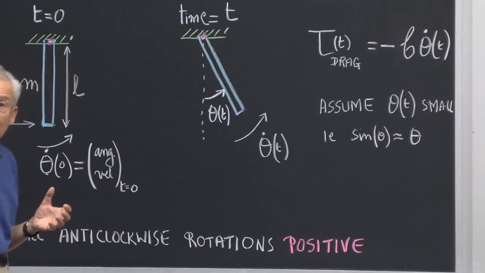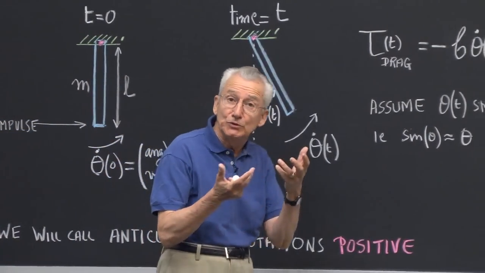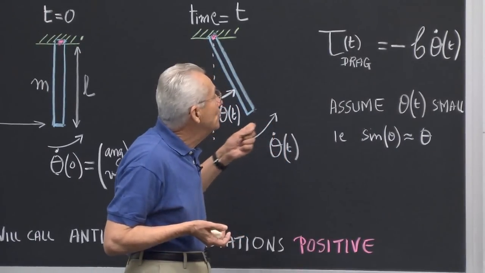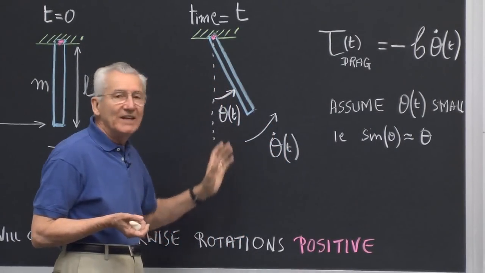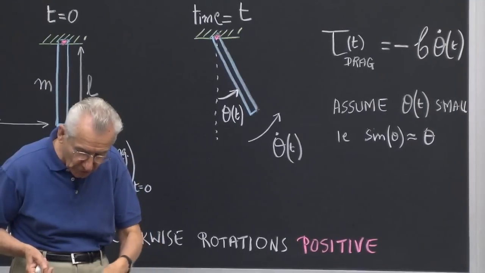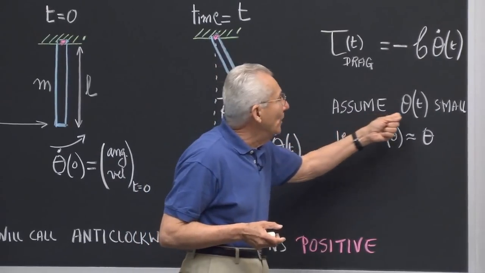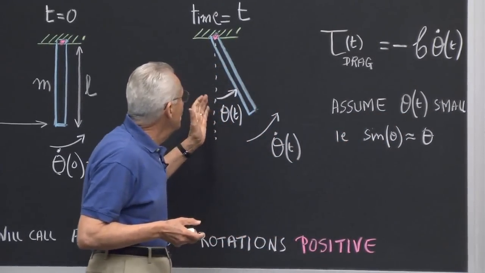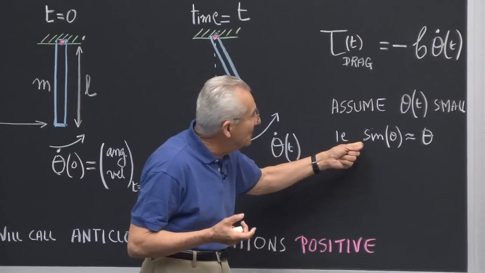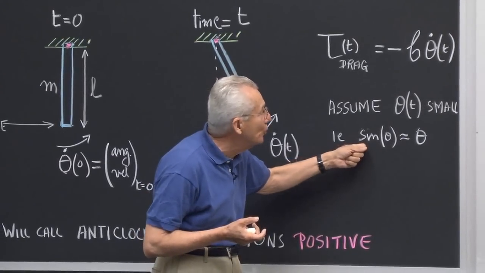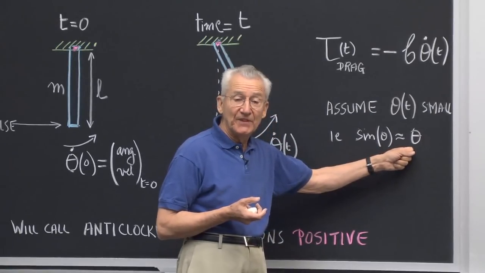The other thing I will once again, because of what we saw last time, assume is that the displacement of this rod is small. We're only going to consider small oscillations. In other words, we'll assume this angle is sufficiently small so that we can approximate sine of the angle by the angle itself.